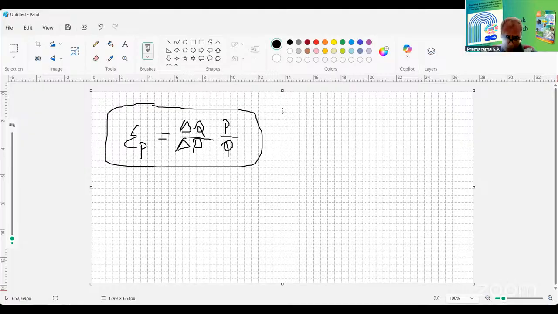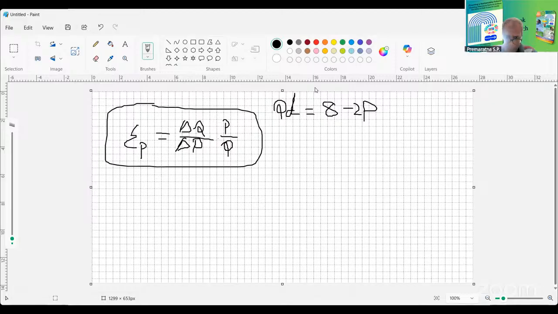Now let's say we have a demand function, QD equals 8 minus 2p. A very simple demand function.